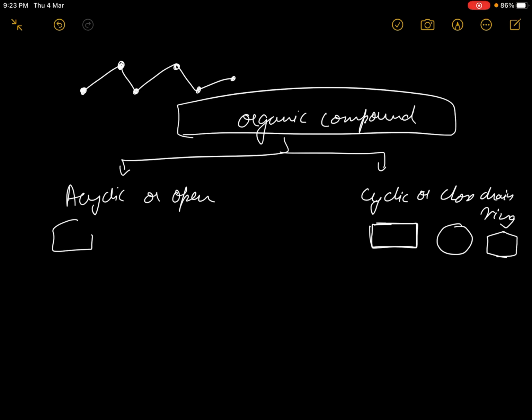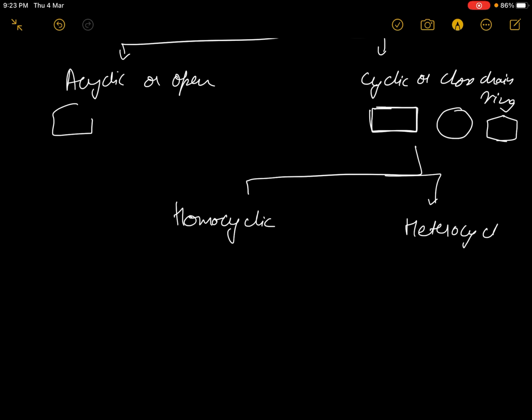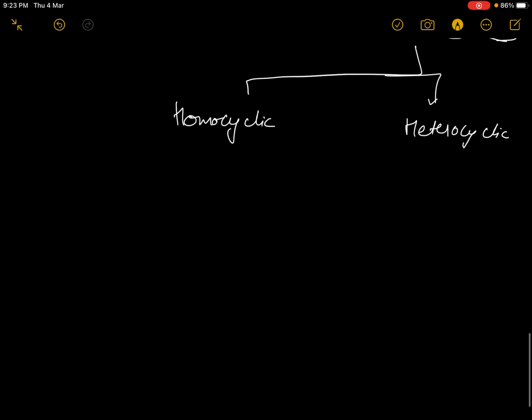In the cyclic form we also have a distribution: there is homocyclic or heterocyclic. Homocyclic is further differentiated into alicyclic or aromatic.